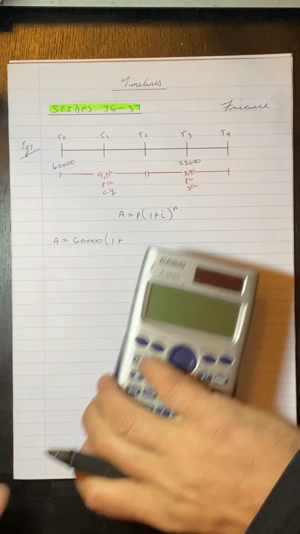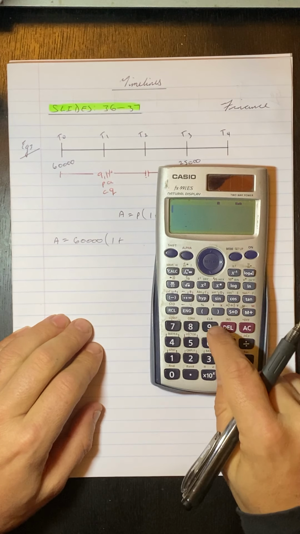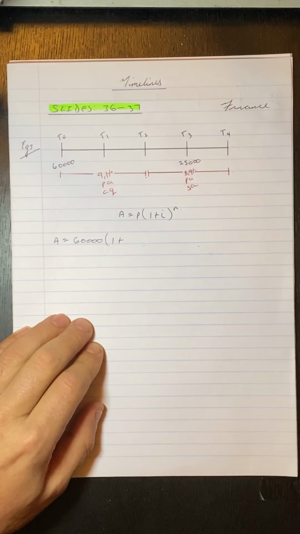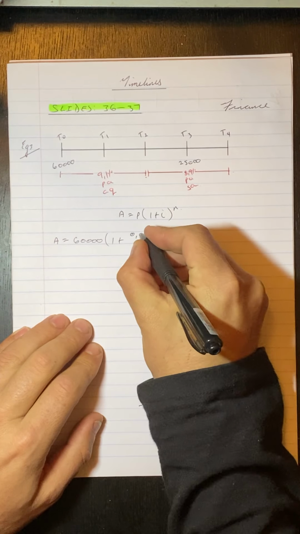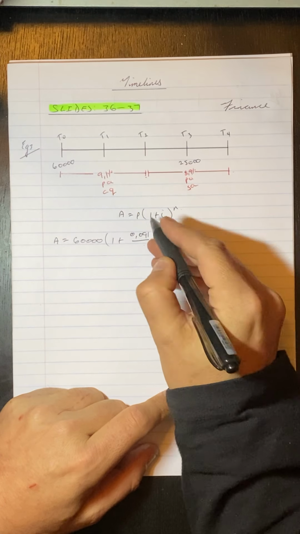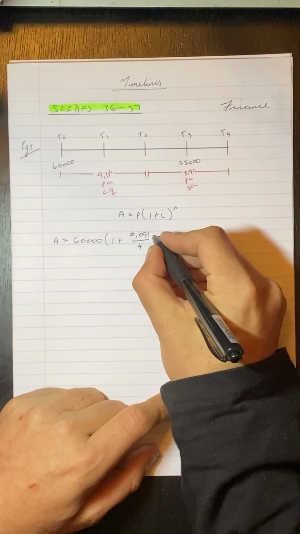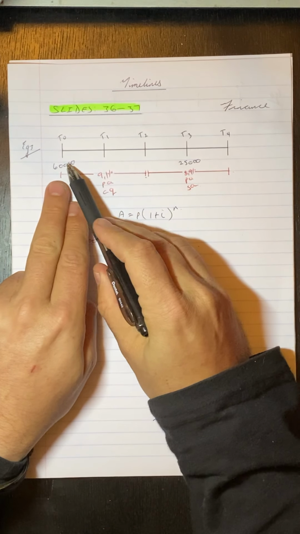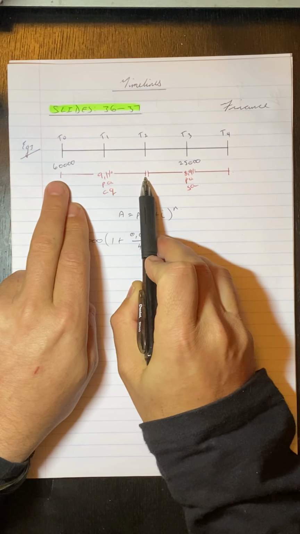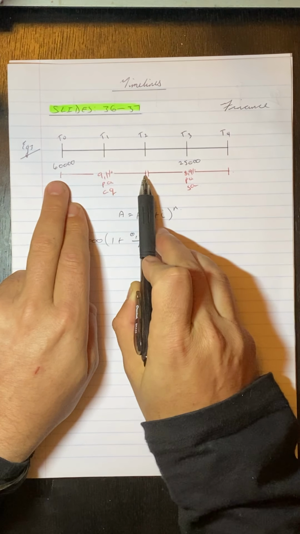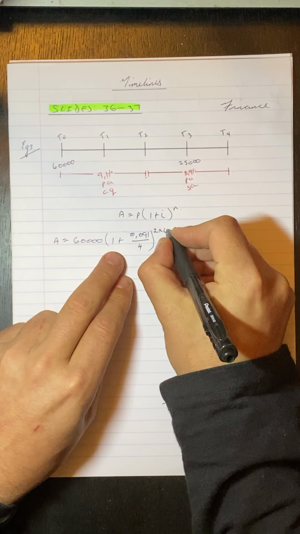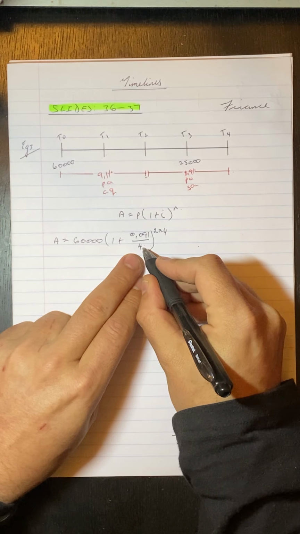So we convert that 9.1% into a decimal: 9.1 divided by 100 gives 0.091, over 4, because it's compounded quarterly, so we divide our interest rate by 4. How many time periods is this going on for? 1, 2. I'm only going up to here because from here it changes. So 2 time periods, that's 2 times 4 because it's compounded quarterly.